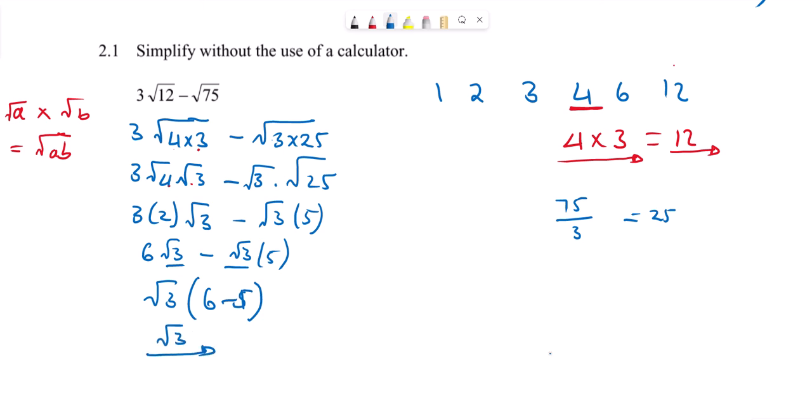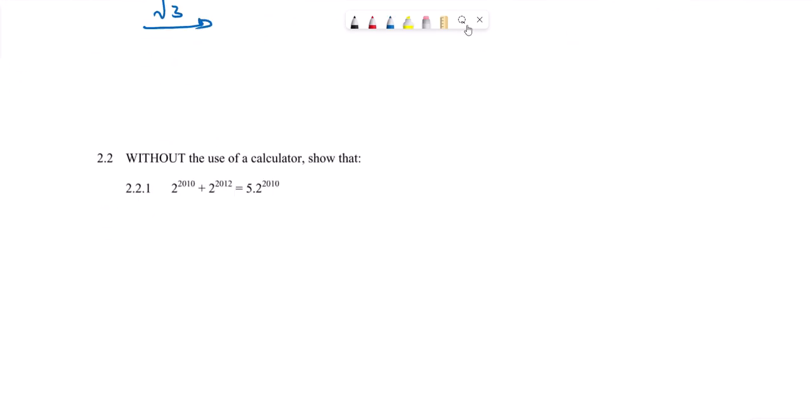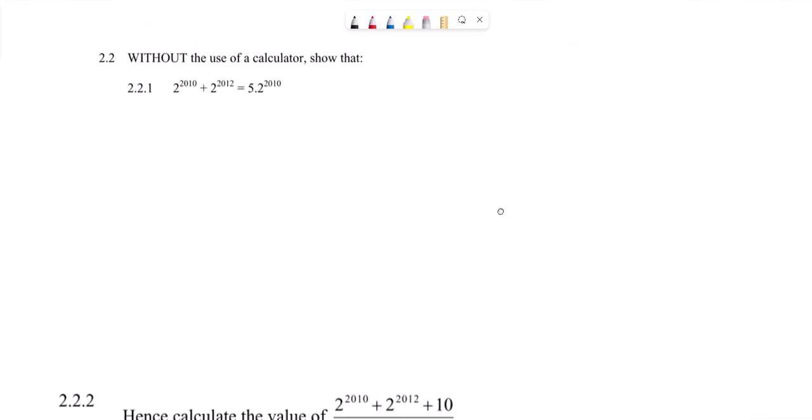Okay, so let's go ahead. Simplify without the use of a calculator. So here, guys, the approach is this: find the lowest exponent. Okay, the lowest exponent is 2010, as you can see.